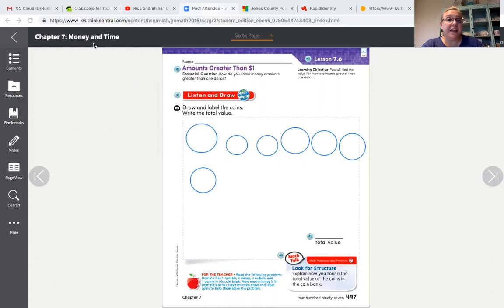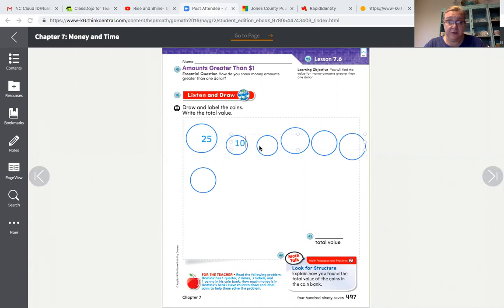Okay, now I need to go and draw what each one is worth. So let me see. This is worth 25 cents. This is worth 10.